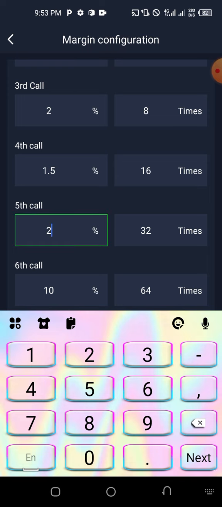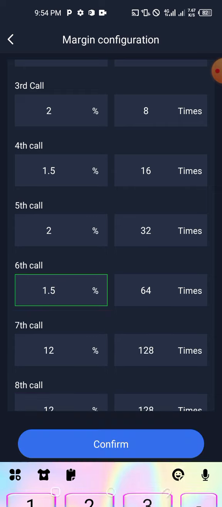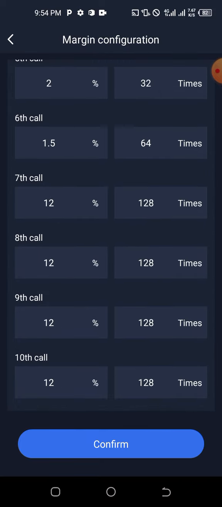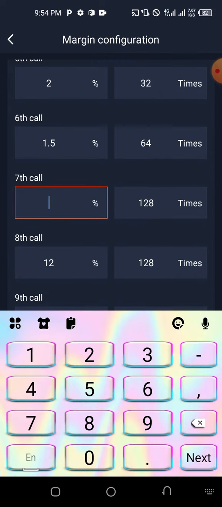2%. Are we together? So you do this accordingly, how much you have. And after measuring, this coin can go up to which Fibonacci line. So you make sure that this side of margin drop is in a total percent of 10%. Maybe you have measured 10, maybe you have measured 20. Make sure you make it the way you have measured.